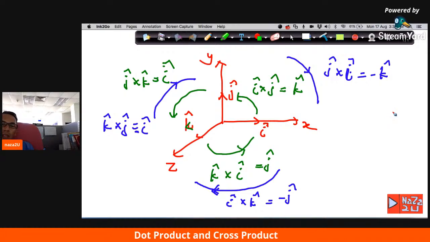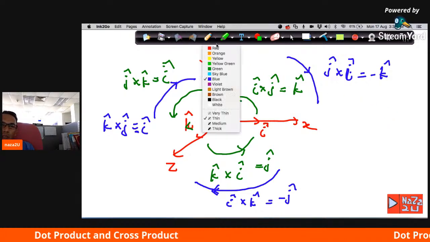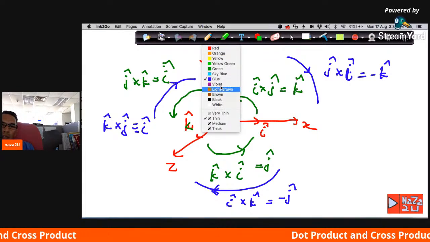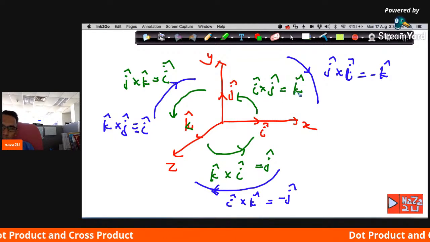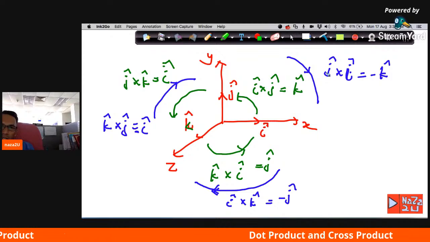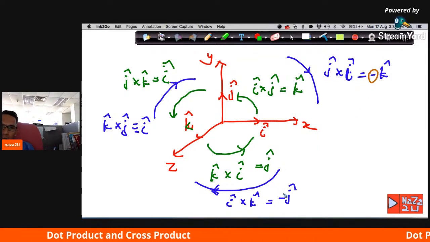So make sure if you use the unit vectors here, you must know that I cross J is positive K, but if J cross I, we have a negative. So here we have a negative.